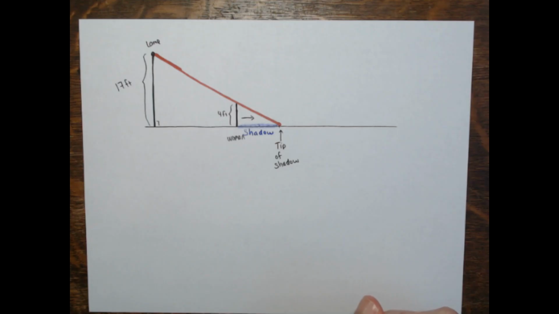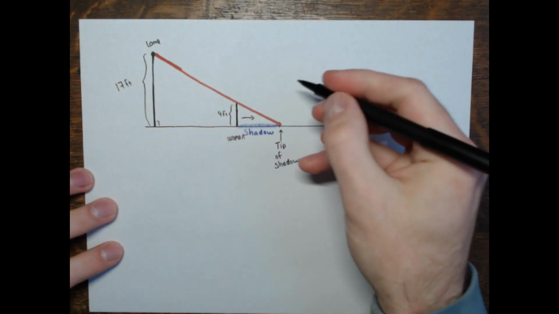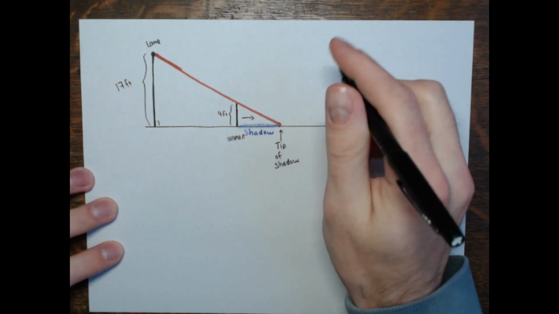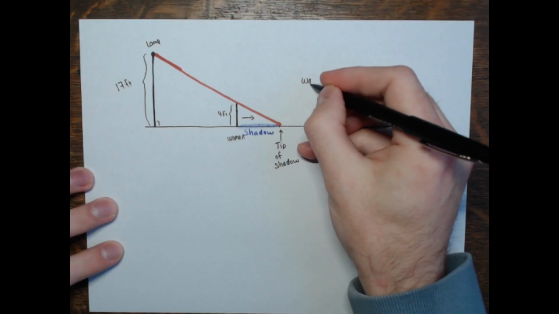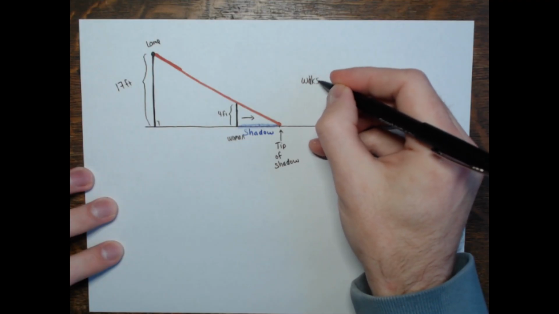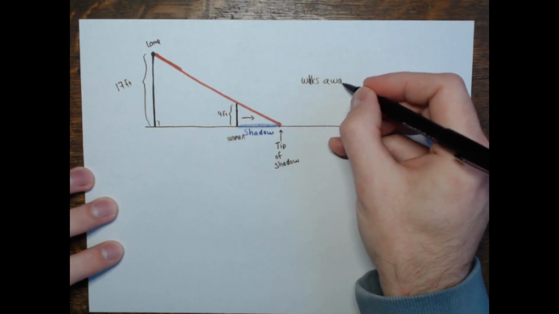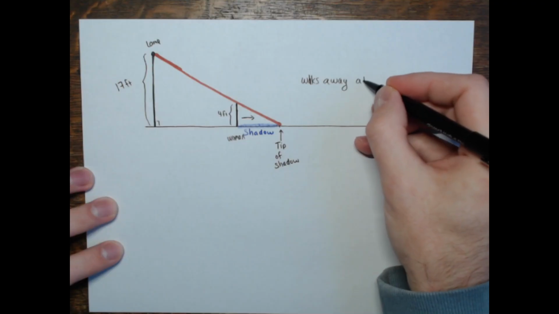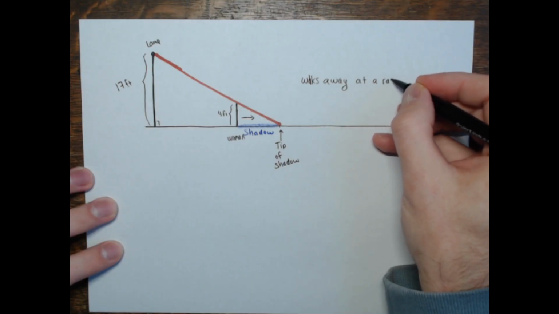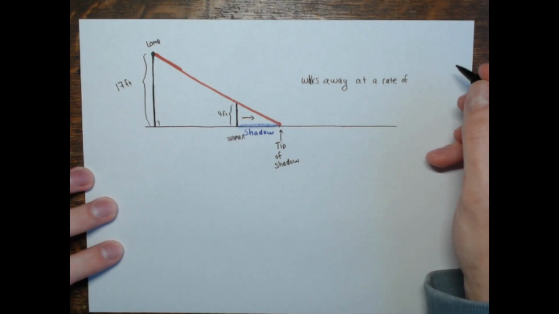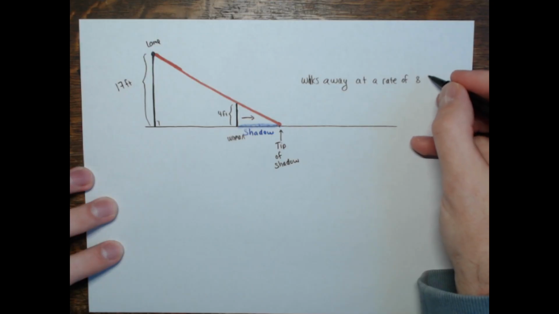So it says she walks away at a rate, or a speed, of 8 feet per second.